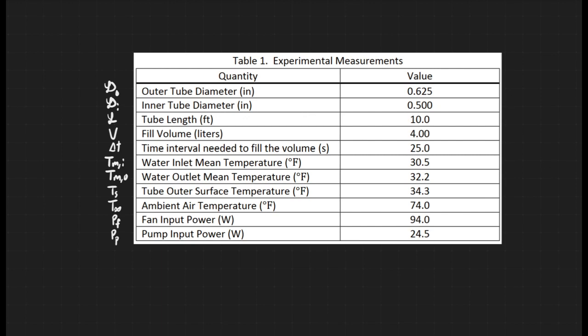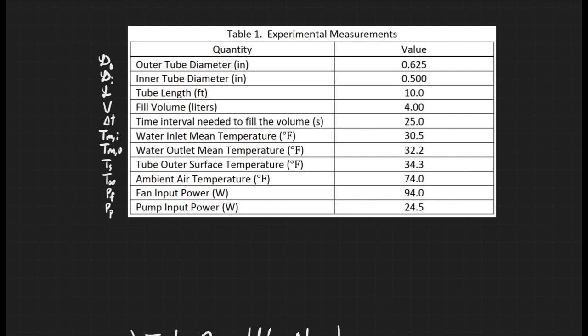So the values that we have here are the inner and outer diameters of our pipe, the overall pipe length, the fill volume and time needed to fill that volume, which we'll use to find our volumetric flow rate, the water inlet mean temperature, the water outlet mean temperature, so the average temperatures of the water entering and exiting the pipe, respectively, the tube outer surface temperature, so the surface temperature of the outside of the pipe, the ambient air temperature, the fan input power, and also the pump input power.